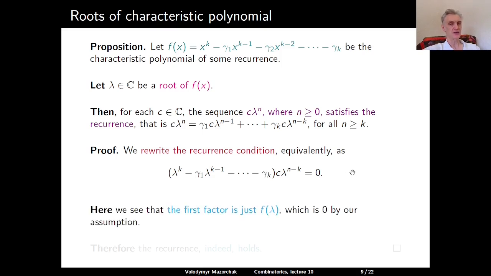And since lambda was the root of the characteristic polynomial, we see that the first factor in this expression is actually the evaluation of our characteristic polynomial at lambda. By our assumption, this is 0, which means that our expression is an identity. The left-hand side is indeed 0. And this proves our proposition.